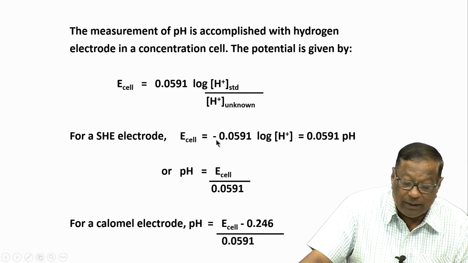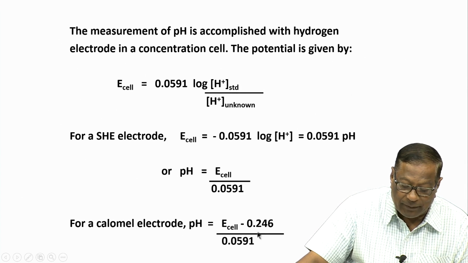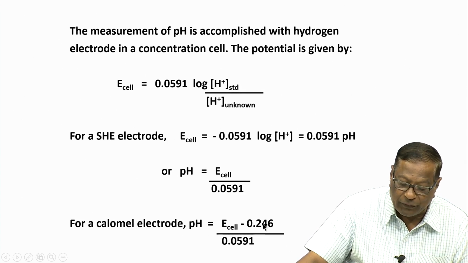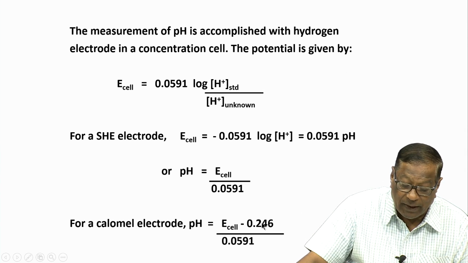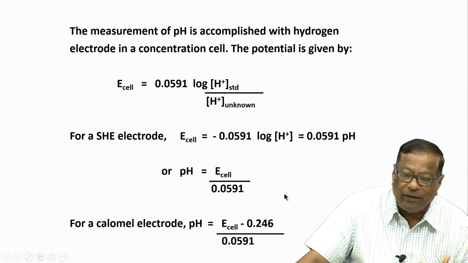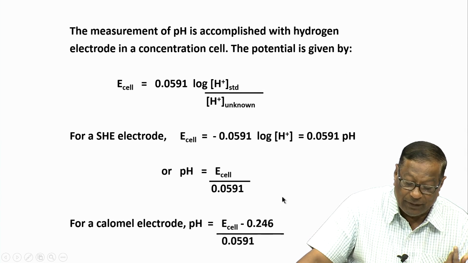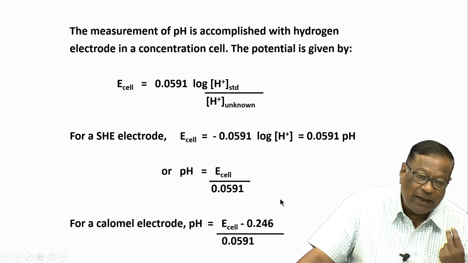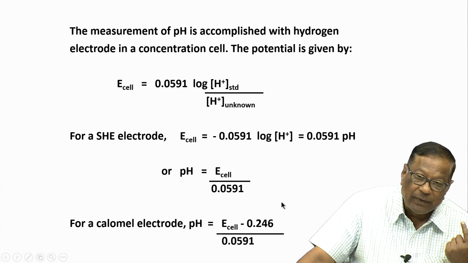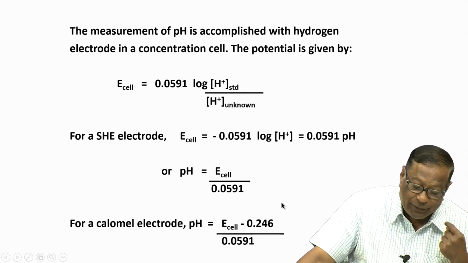I am replacing minus log of H+ by pH. Okay. So, pH is nothing but E cell divided by 0.0591. So, for a calomel electrode it is 0.246 if I use a calomel electrode instead of a standard electrode. So, the calomel electrode shows 0.246 volts with respect to the standard hydrogen electrode.